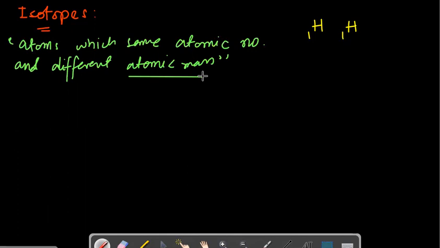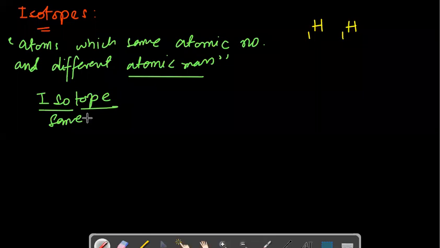In that case, they will have different atomic mass but the same atomic number. So you can say that the word iso means same and tope means place.